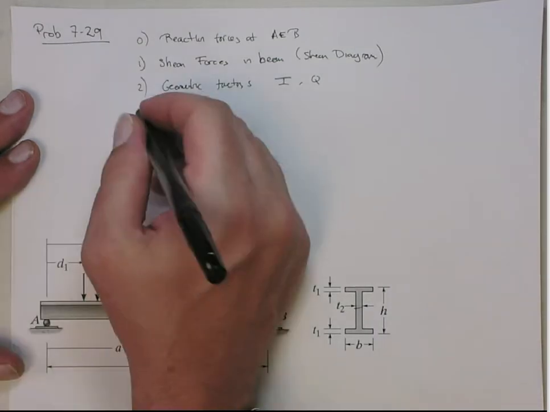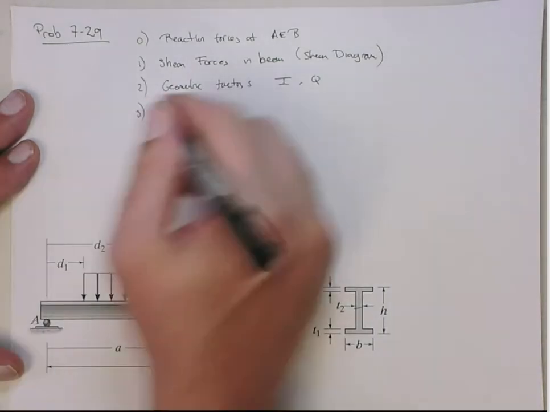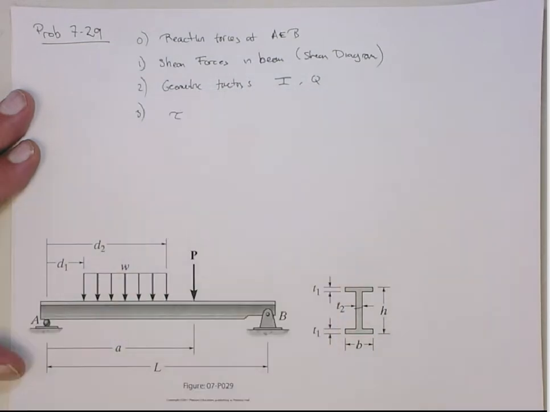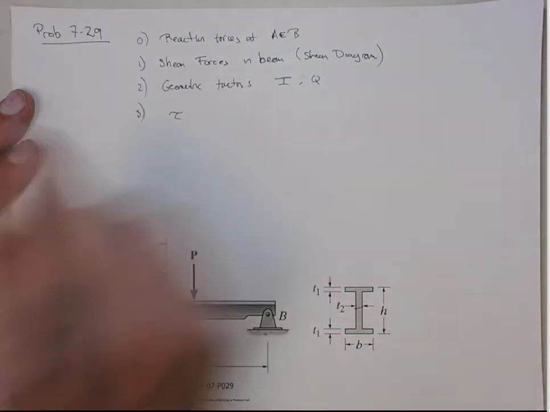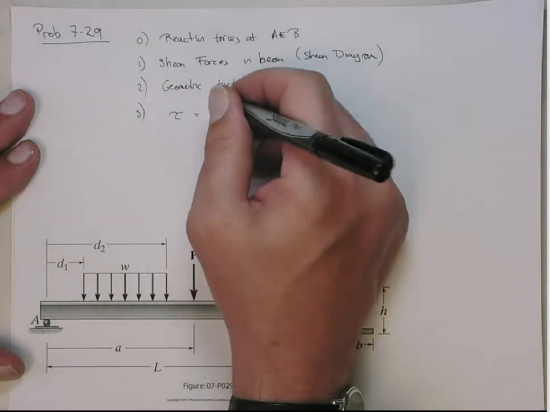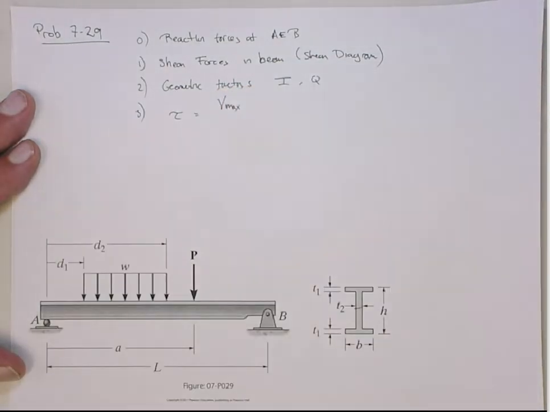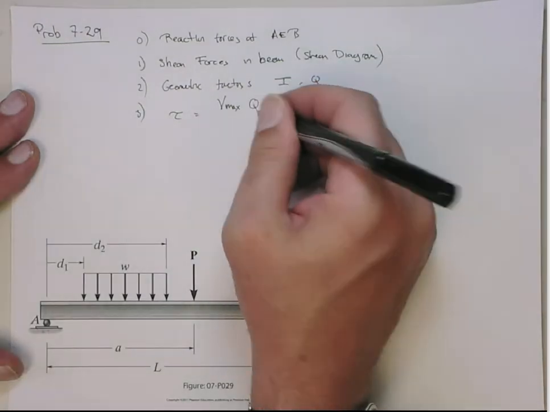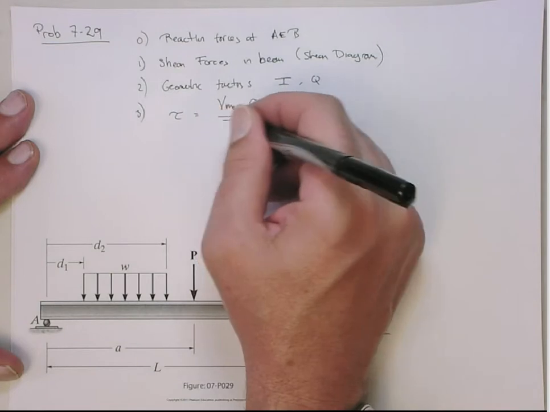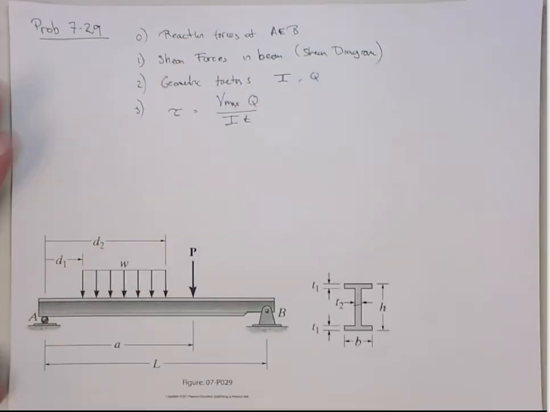And then once you do that, you can compute the shear stress, which is going to be the maximum V times the Q over I times T. Right? So those are the steps.